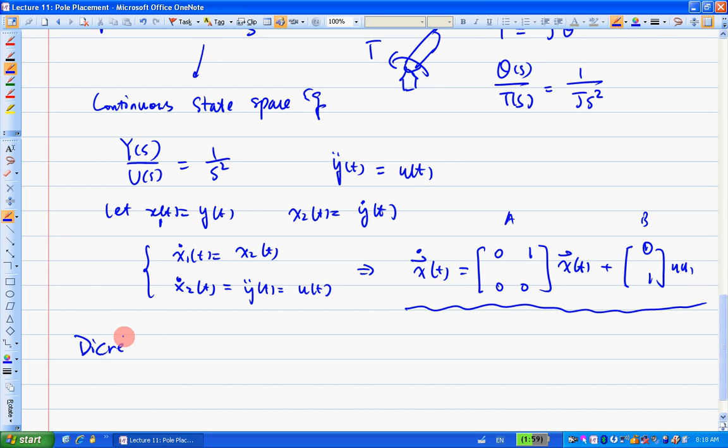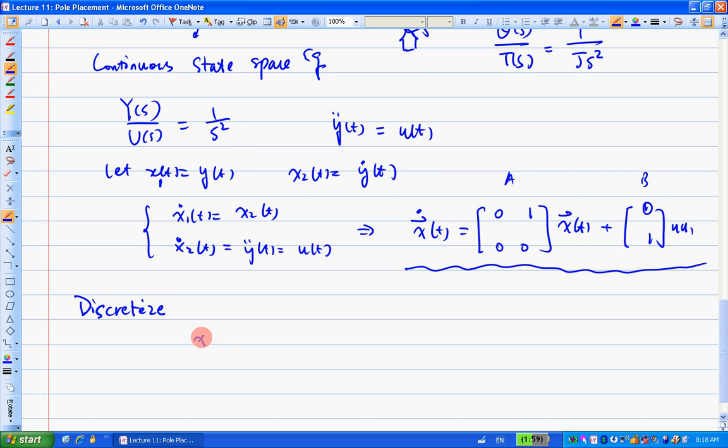When we discretize, we basically use the zero order hold equivalent. So after discretization, what we need is the discrete model.